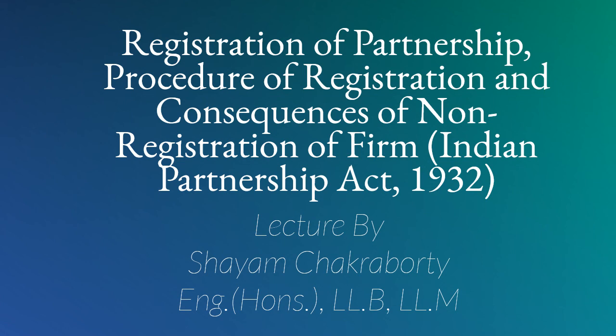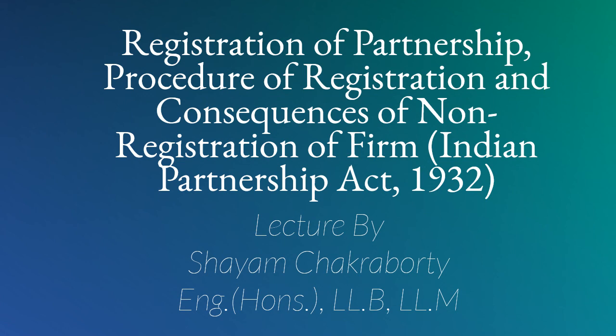So we can say the names of all the partners should be there in the Register of Firms, because partnership is all about starting a joint venture, and each and every partner must be registered. Let me cite one example: A, B, C, D, E, F started a partnership firm.